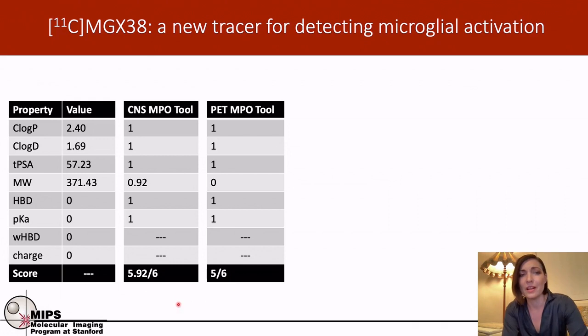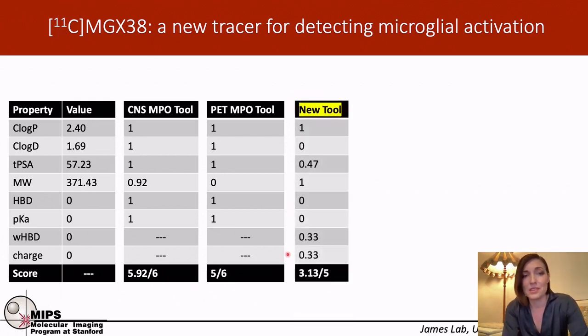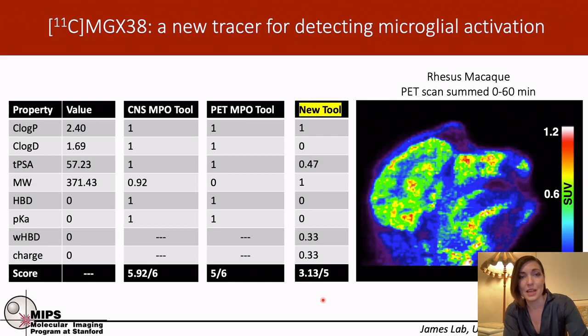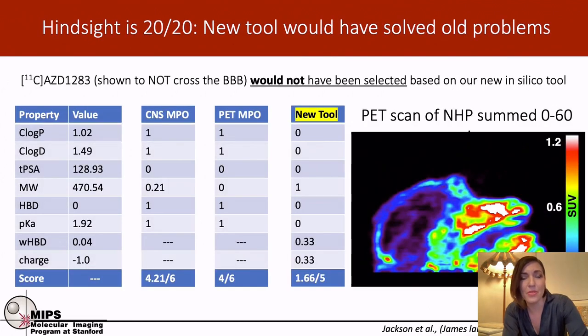You think, well, these are really great scores anyway; you would have picked them with the old tool. This is our new tool, and you might think 3.13 out of 5 seems a bit low, but our scoring system is out of 5, and anything between 3 and 3.2 gives us a 95% positive predictive value. So we were very encouraged by this, and we imaged a monkey, and lo and behold, we get a beautiful brain image. So excited about that.